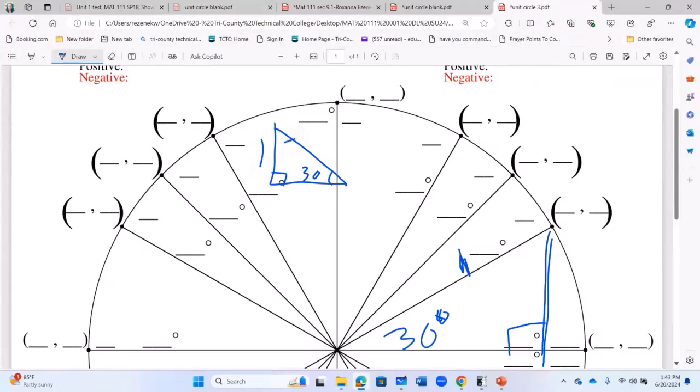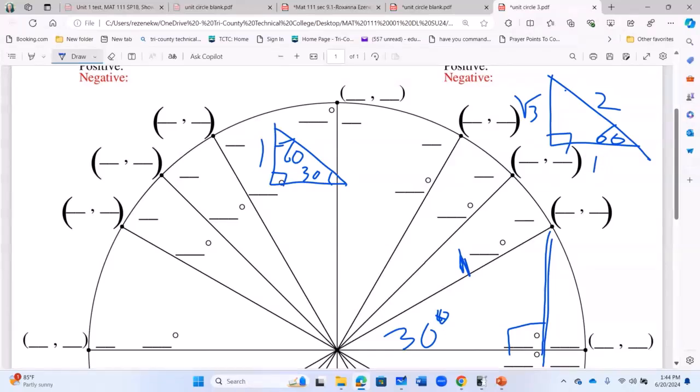And this is 60, and 60 is opposite the √3, and this is 2, and this is 1.